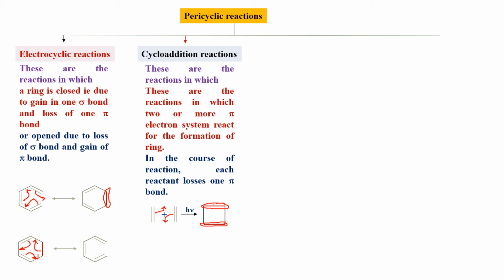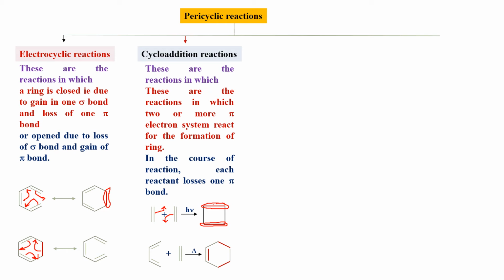Another example we can take: 1,3-butadiene, CH2=CH-CH=CH2. This molecule 1,3-butadiene is reacting with ethylene. This is a thermally induced reaction. We are supplying heat, supplying the energy of activation through heat, and this reaction is known as thermally induced.